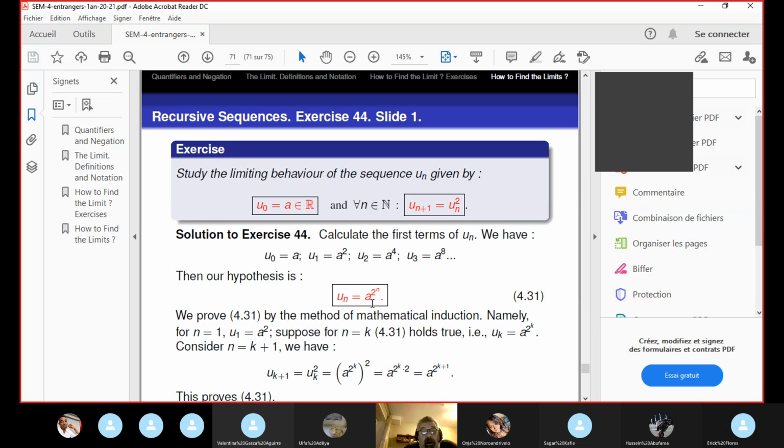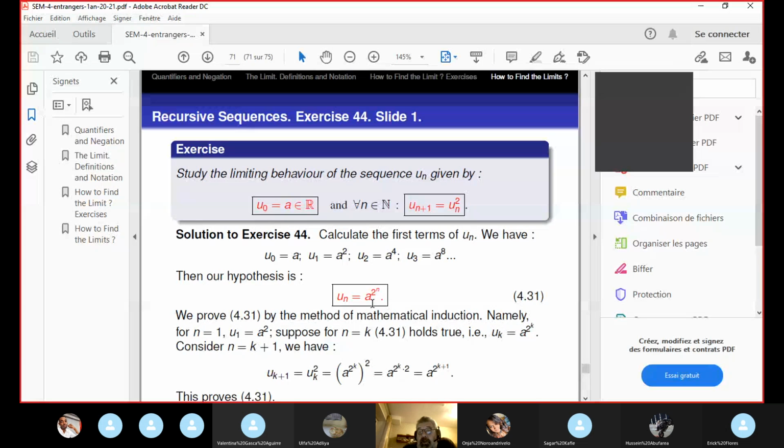We want to study the limiting behavior of a sequence u sub n, which is given by, in red, u0 is a, some real number, and then for any natural n, we have that u sub n plus 1 is u sub n squared.